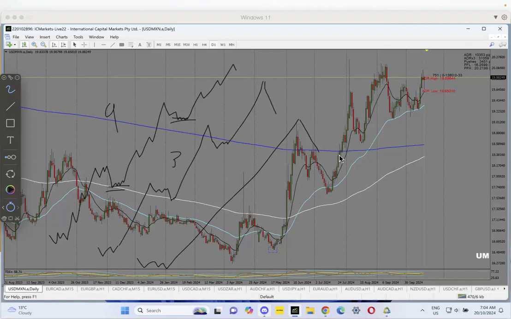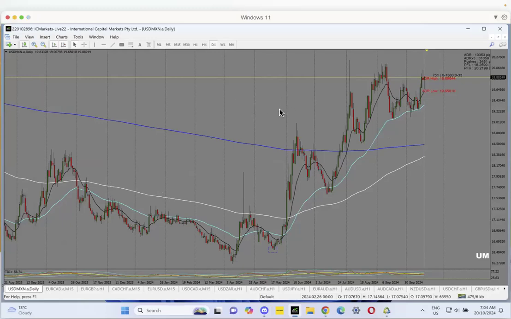So you'll find sometimes these resets may be on the 50 EMA on D1, yet it is the 200 EMA on H4 and the 800 on H1. I'm just going to mute people. So you'll find that it might be, for example, this one right here.